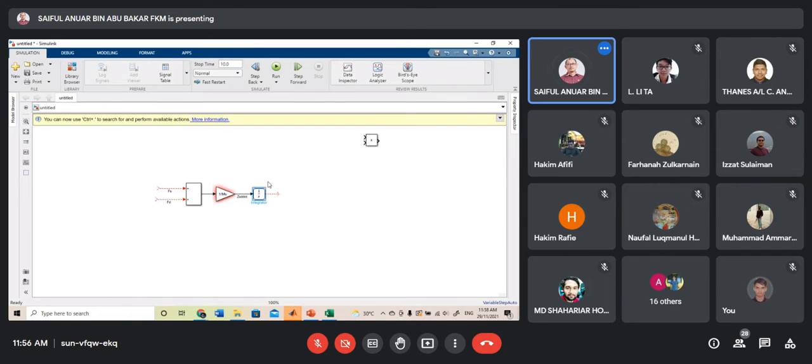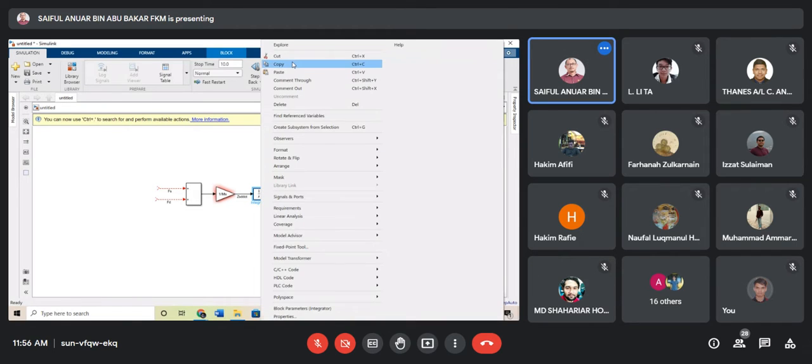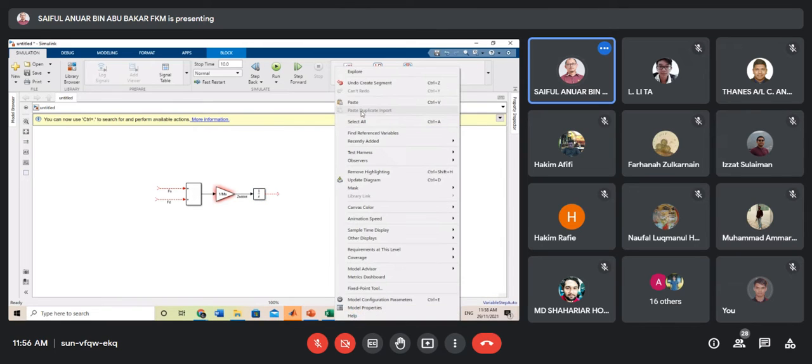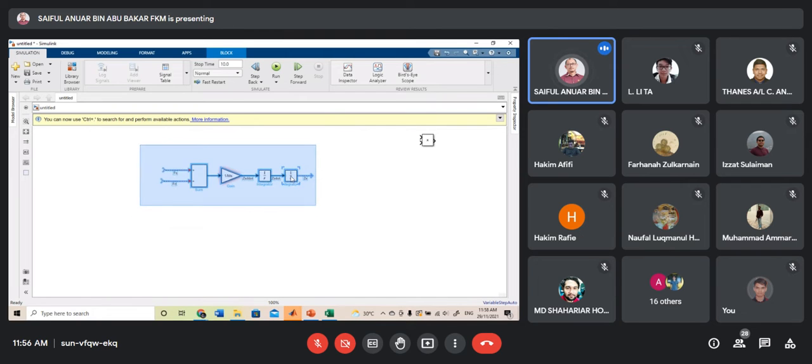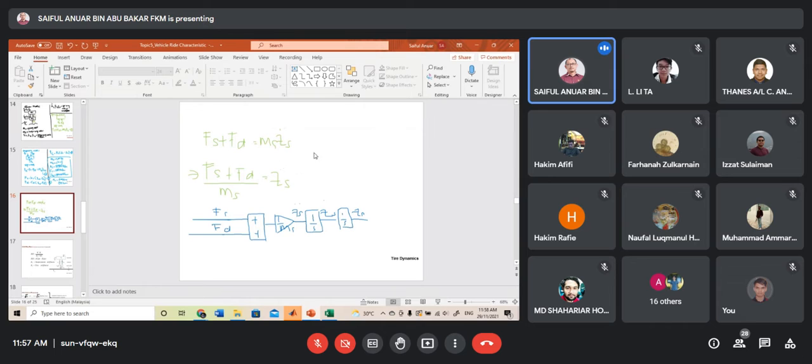Another one. So we have Zs dot. Then we have Zs. Now we're done doing the equation for the first one. So now it's time for us to do the second equation.